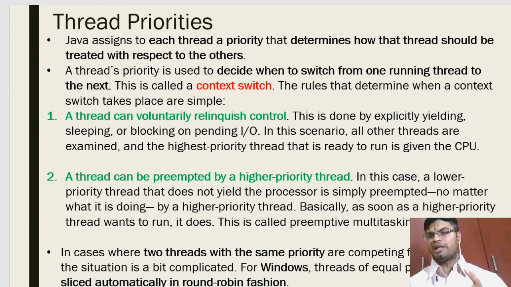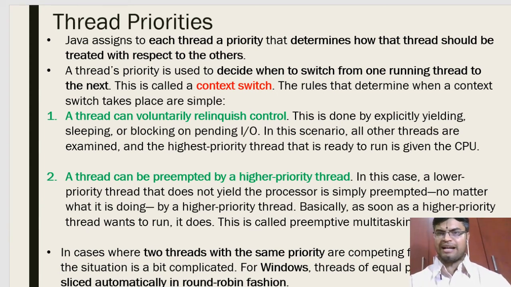By default, normally the priority of a thread is from number 1 to 10, 1 being the lowest priority, 10 being the highest priority. Okay, and normally by default, whenever you create a thread, I'll show you that in another video of how to create a thread, and we'll see a program on that also, right?